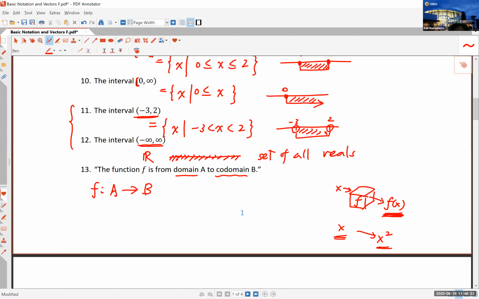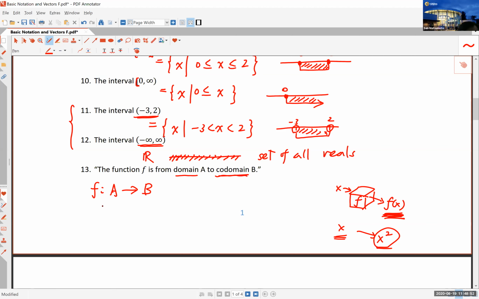But we do know that all of these are going to be real numbers. We just don't know what portion of the real numbers would constitute the range. So instead, we just talk about the codomain. The codomain is, in this case, R, the set of all reals. The range happens to be the set of non-negative reals. But if you don't know that, we can say the codomain is the set of real numbers, because we know that everything that comes out will be a real number.